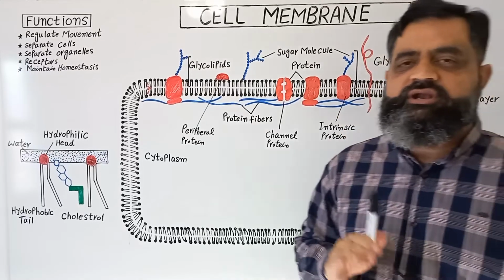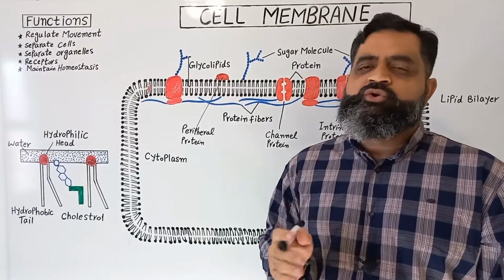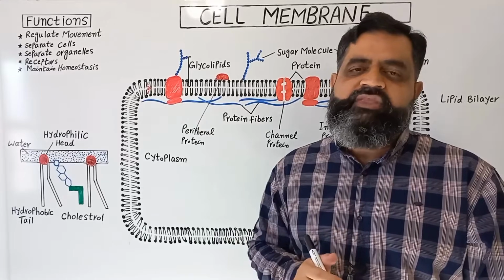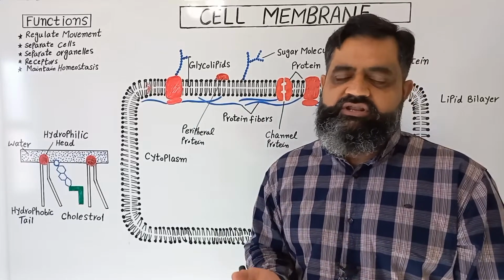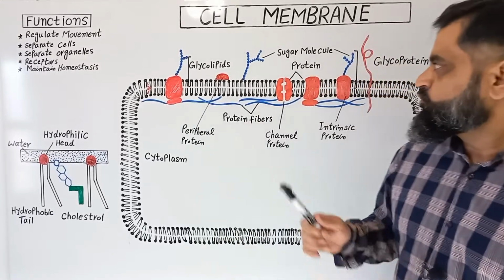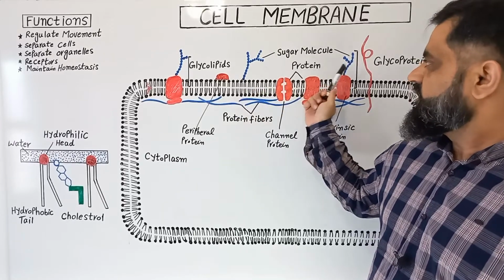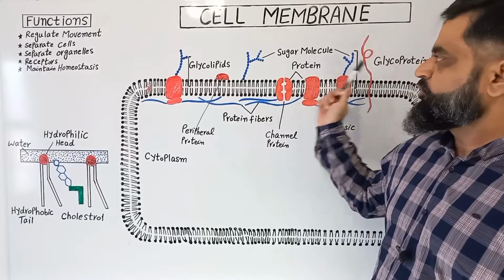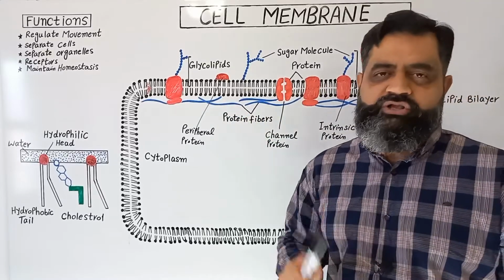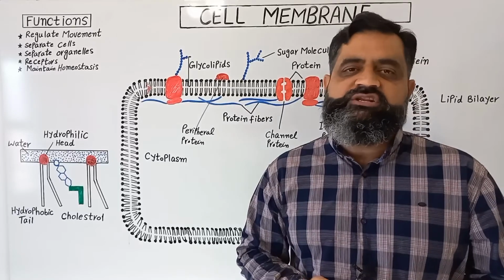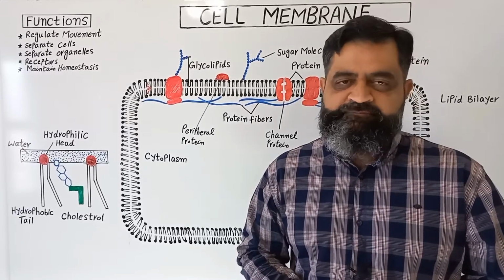The glycoproteins and glycolipids together make a glycocalyx, which is like a fingerprint of the cell membrane, which I already discussed in another lecture. So sugars are present in the form of glycolipids, glycoproteins, and also independently attached to protein molecules or lipid molecules. So this is the composition and main structure of the cell membrane.